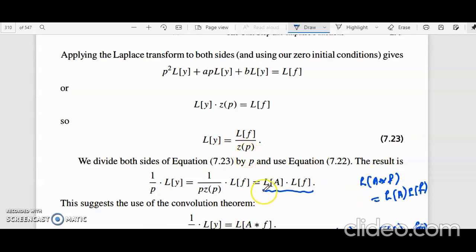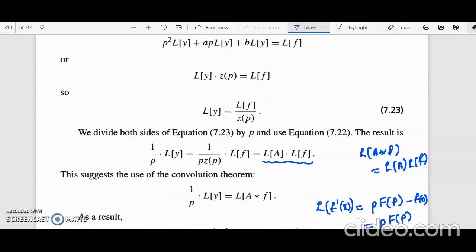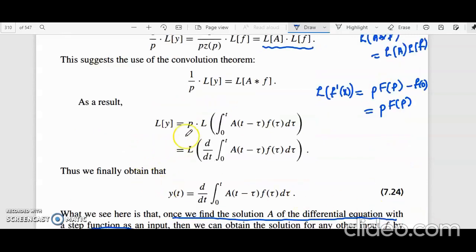So this can be rewritten as 1 by p L of y equal to L of a into L of f. So therefore you will get L of y equal to p L of the integral 0 to t a of t minus tau f of tau d tau. So we obtain y of t as d by dt of integral 0 to t a of t minus tau f of tau d tau.